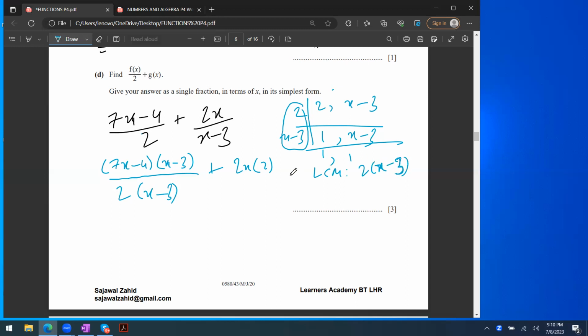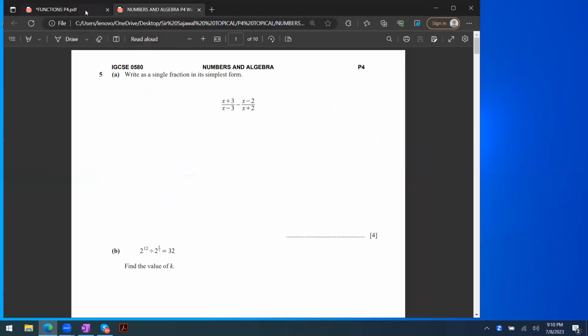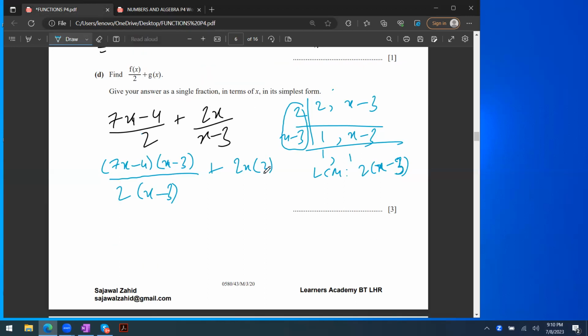Don't worry. If you have confusion here, we will do this in the next worksheet. You can have a lot of practice there. We just want to make the denominator the same. Is it still not clear, Aisha? No, sir, I understand. Okay, that's great.